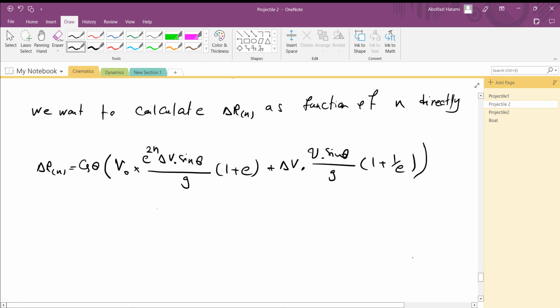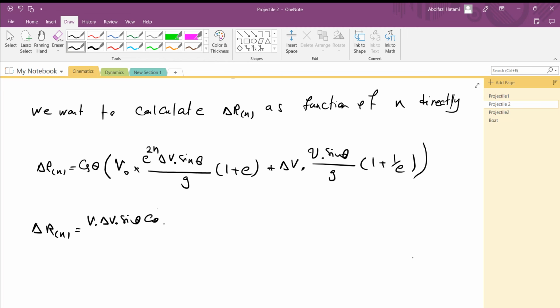If I factor, you can see that I can factor V0 delta V0 sine theta over G. So delta Rn is going to be V0 delta V0 sine of theta cosine of theta over G. Here we can see 1 plus e to power 2n plus, and if I factor this term, I can see just 1.